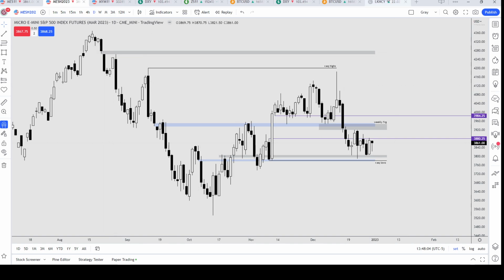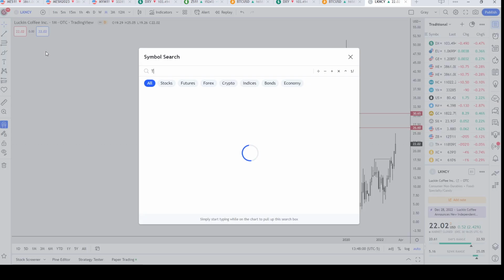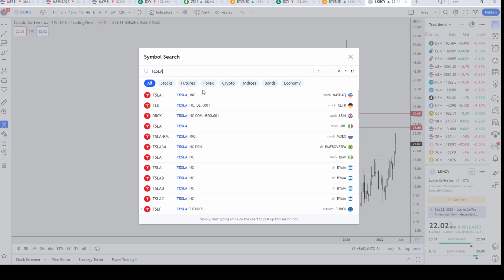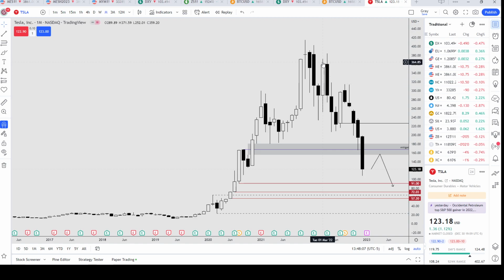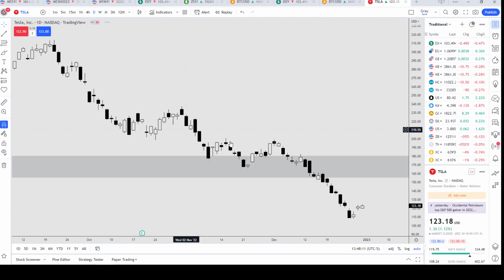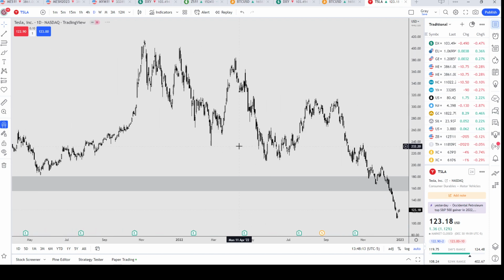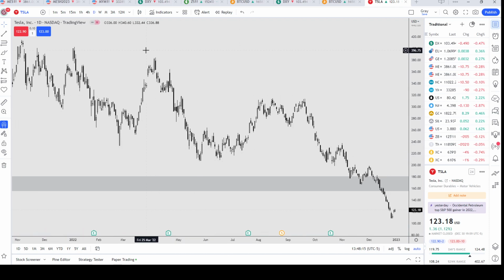So let's just take a look at Tesla. I think the retail bear flag is around this area, going down to the daily time frame. Yep, there you have it. So what happens? See this move down, consolidated around this area. What does this look like?